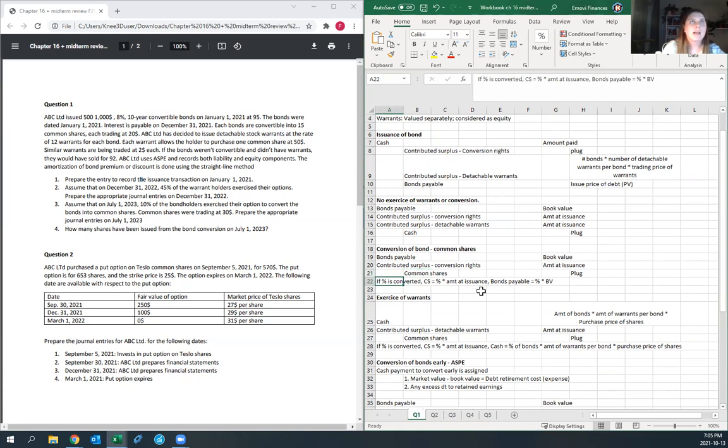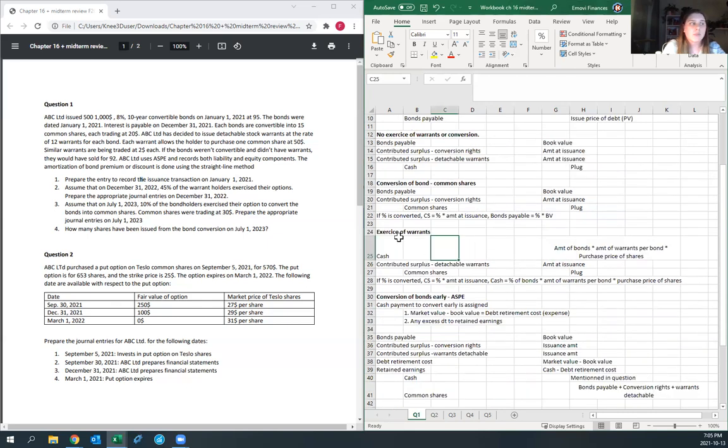If they say that, like, 35% of the holders of the conversion rights decided to convert at a specific date, then instead of having the book value amount at issuance, you're just doing these two values times the percentage mentioned, so times 35% in my example.